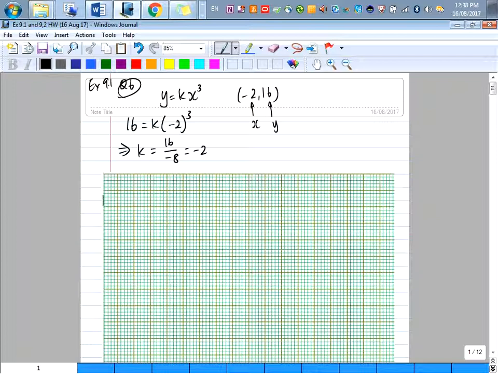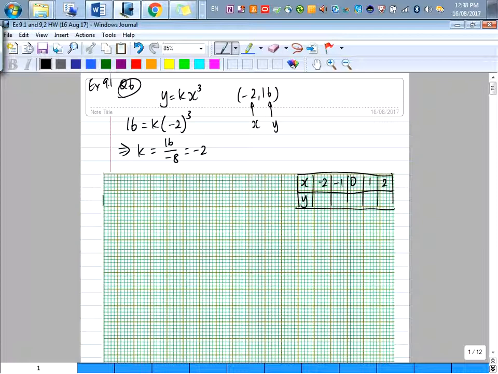And they also provide you the scale. So let's create our table of values first. I like to put my table of values on my graph paper so that I don't have to keep flipping front and back to refer to it.